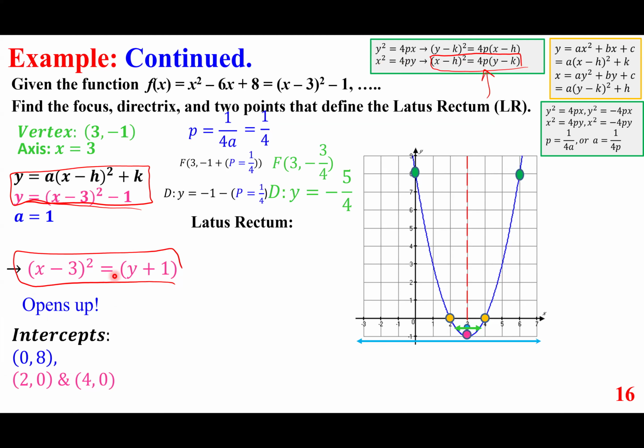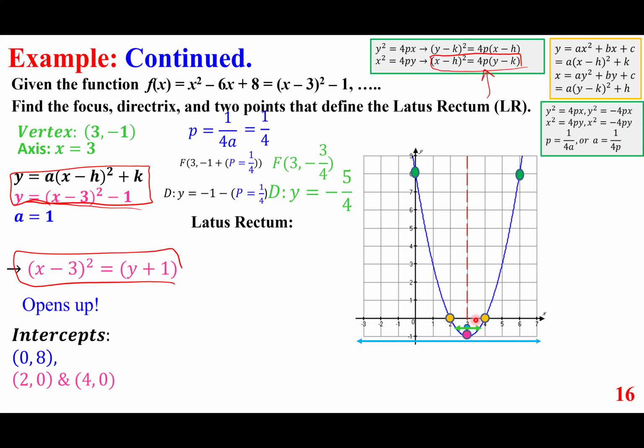Now, latus rectum. This distance is the latus rectum. Finding the distance is very simple. We said it's 4p from here to here. We want to find the endpoints. If I want to find those endpoints, I'm interested in the x and y.